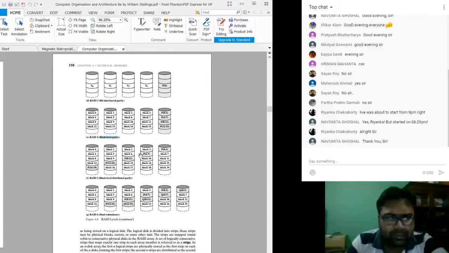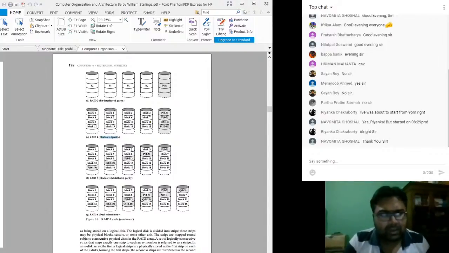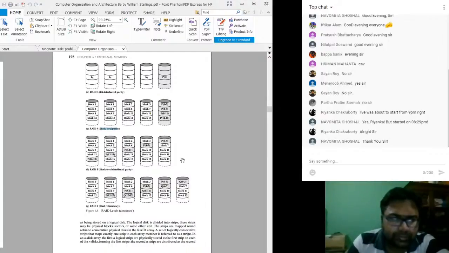Then for the remaining blocks 4 5 6, it is kept here, and so on. So it is block level distributed parity.